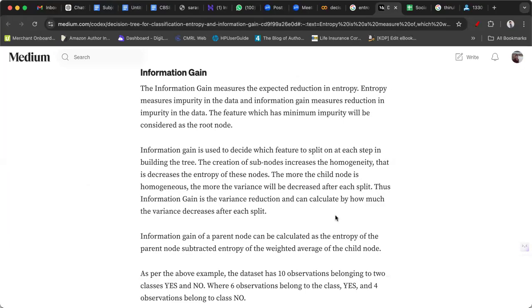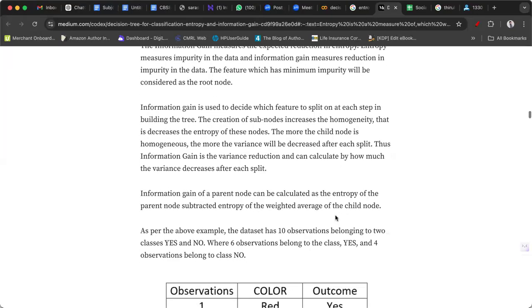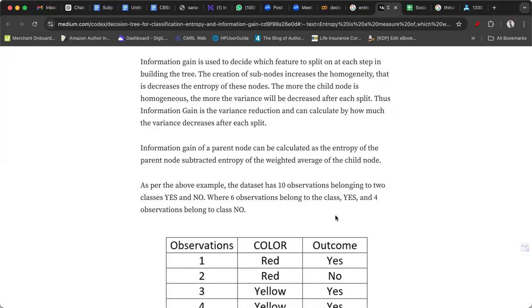The more homogeneous the child node is, the more the variance will be decreased after each split. Thus, information gain is the variance reduction and can be calculated by how much the variance decreases after each split. So information gain of a parent node can be calculated as the entropy of the parent node minus the entropy of the weighted average of the children.